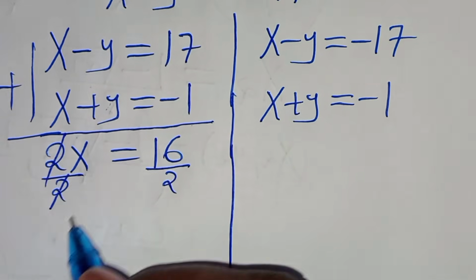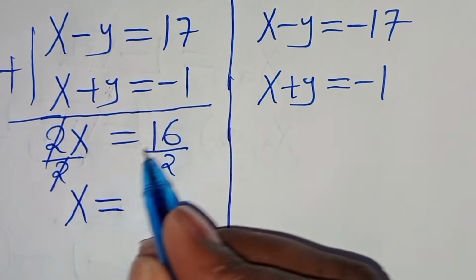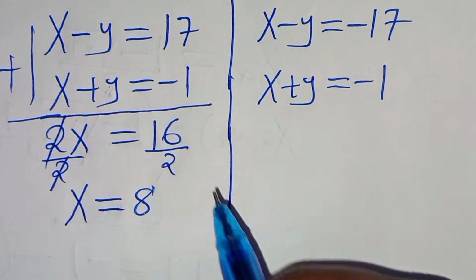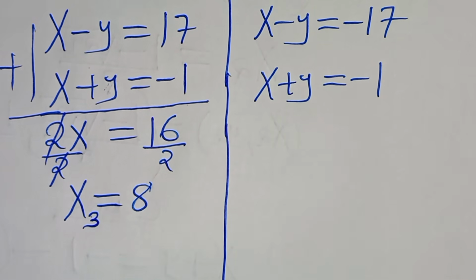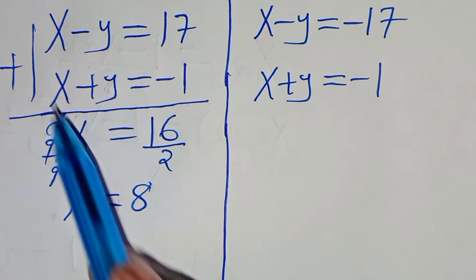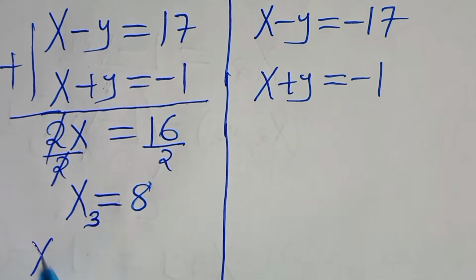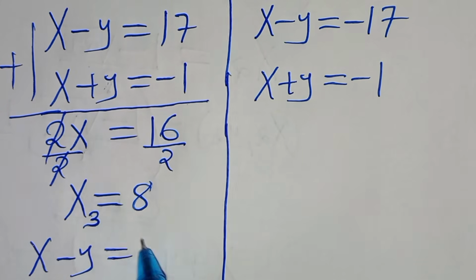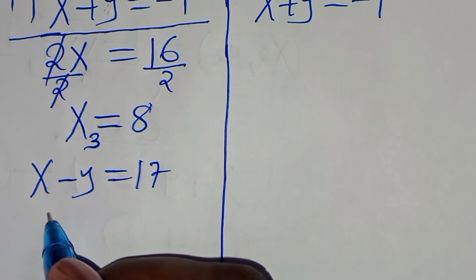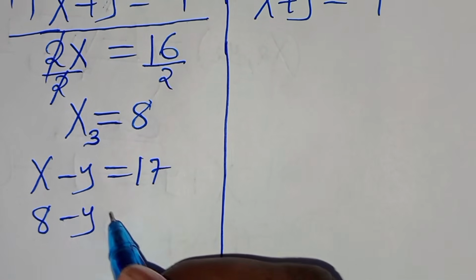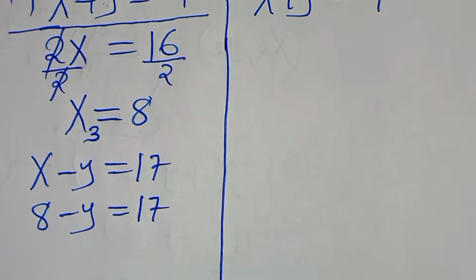We have that x is equal to 16 divided by 2, which is equal to 8. So this is x3. Now we can solve for the value of y. Remember x minus y is equal to 17. So this implies that 8 minus y is equal to 17.